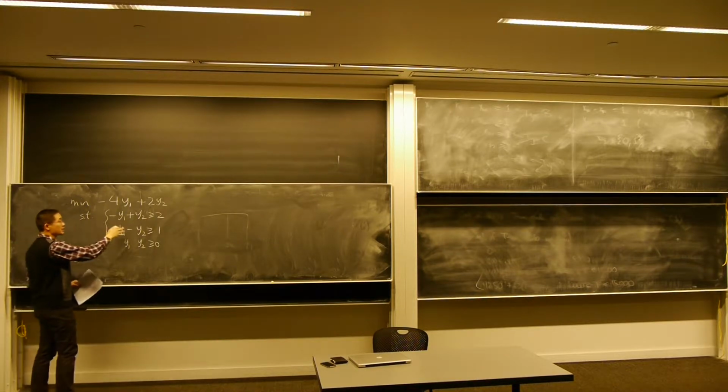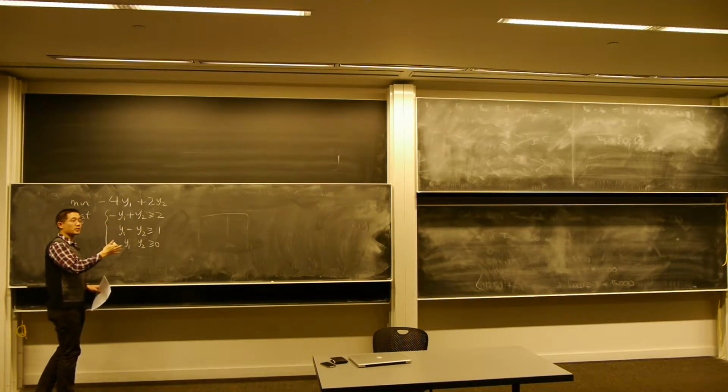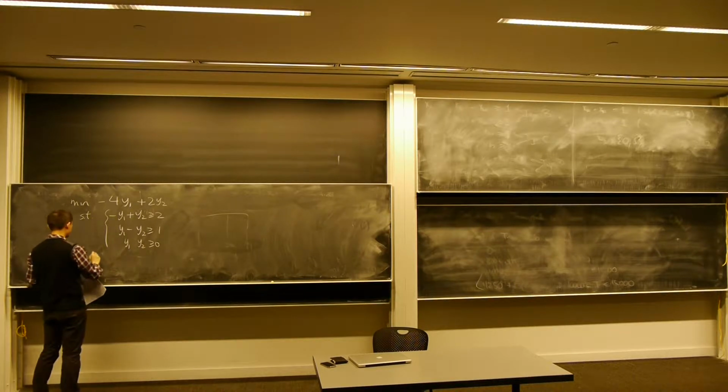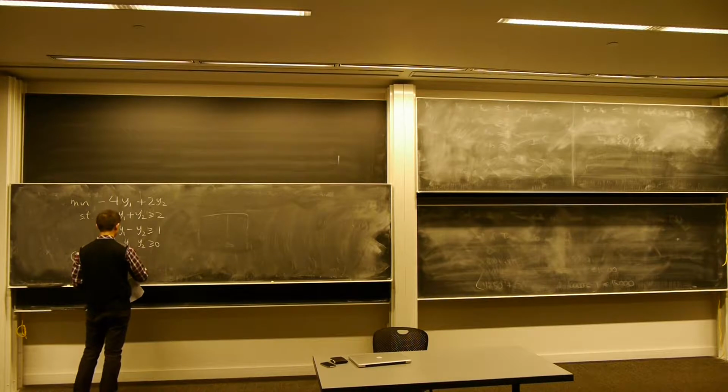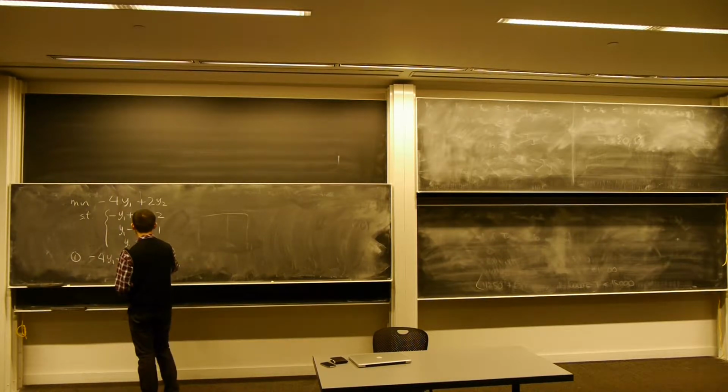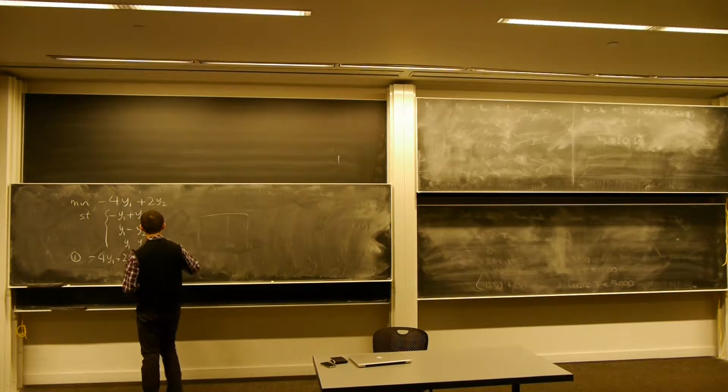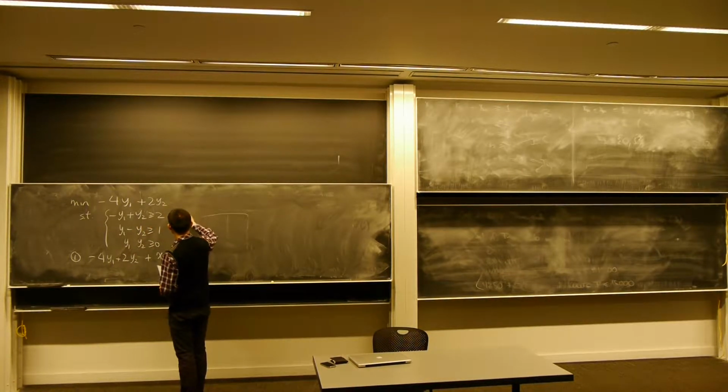But the constraints need to be something smaller or equal to 0. So that's the place where you could get it wrong. Minus or plus. So I'll write this one as constraint x1, x2, and these ones x3 and x4.